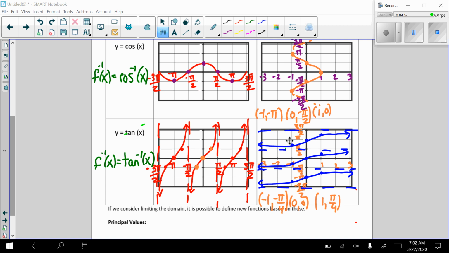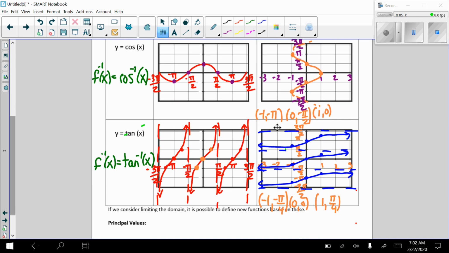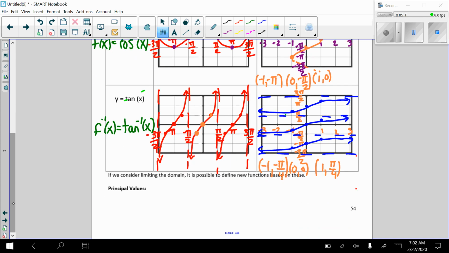But the problem here is that we are calling these trig inverse functions, but none of them would pass the vertical line test, right? If we put a vertical line here, we would have many times where we would hit these graphs. So what we're going to talk about right now is principal values. This is at the bottom of your page.